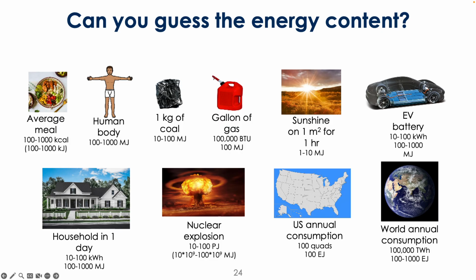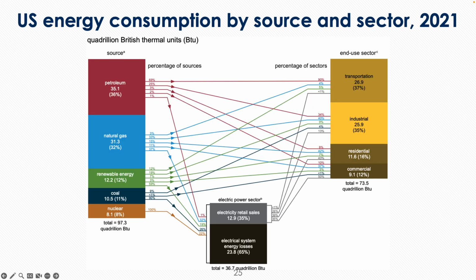Yeah, it's about 100,000 terawatt hours. So it's about an order of magnitude larger than the US if you add everything up. Okay? Any questions about any of this? We'll do a similar thing for power in a second.